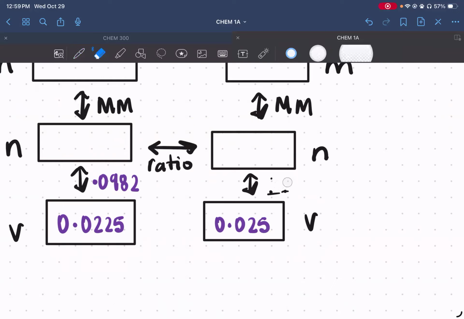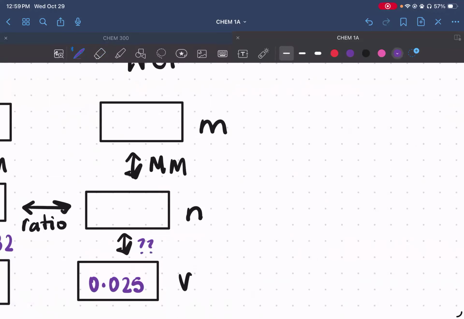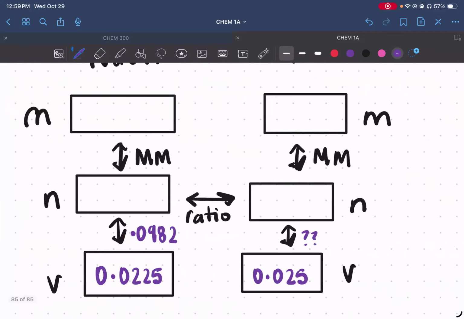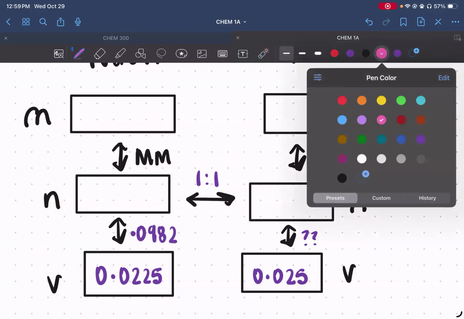And in this case, what we're trying to find is our concentration. We, of course, already know that the ratio is 1 to 1. And the roadmap ahead becomes clear. We're going to go from volume to moles, mole ratio, moles to molarity. But recognize that we're doing something differently than normal.